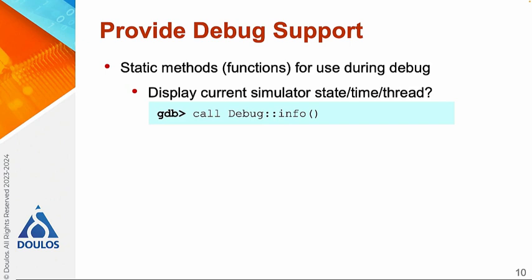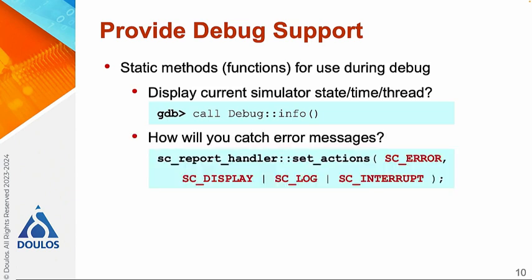And so that within a debugger, and our focus in this talk is going to be on GDB, just because we had to pick one, and it's probably the most ubiquitous debugger out there. So in GDB, I can say call debug_info. That's a class. It's a static method that I've got that dumps out some useful information.